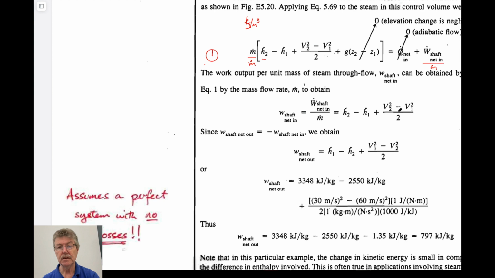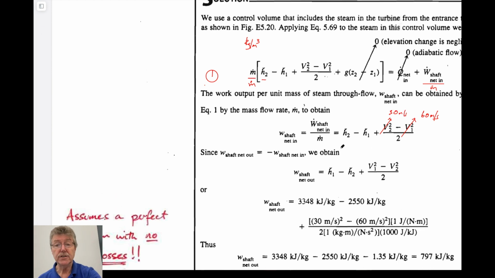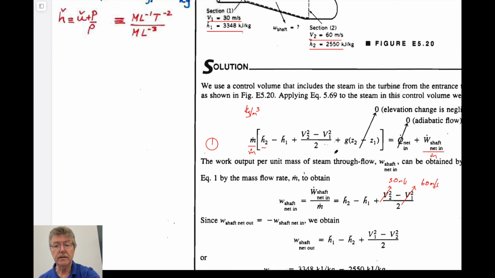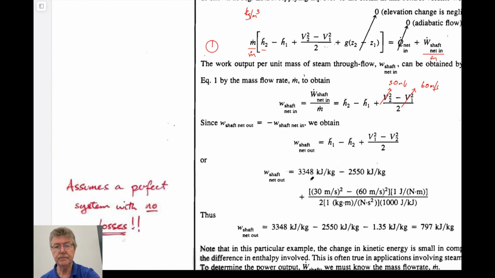I guess this is velocity in. It's just below here, right? 60 meters a second. This is 30 meters a second. And H2 and H1, whatever they are, they're these numbers here.